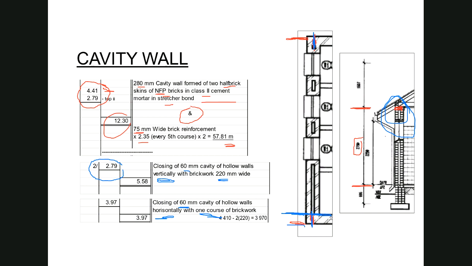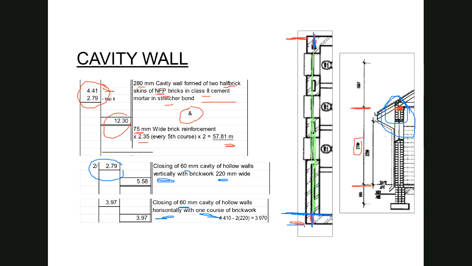So that really means that the closing of the cavity can only be horizontally, can only be in between. So it is literally here where I am drawing the green line where we are going to do the closing horizontally. There you go. Okay, and that was then dealing with the cavity wall.